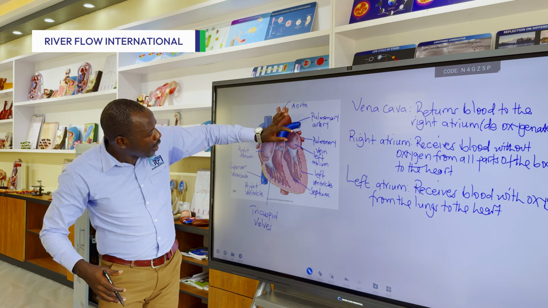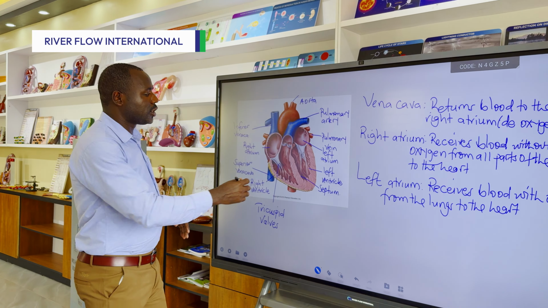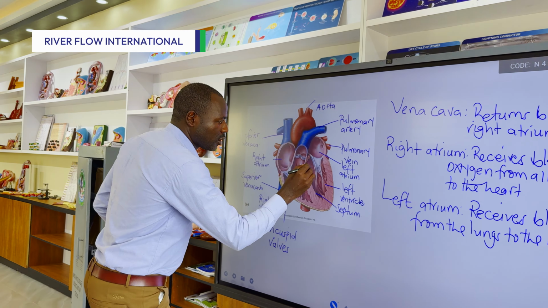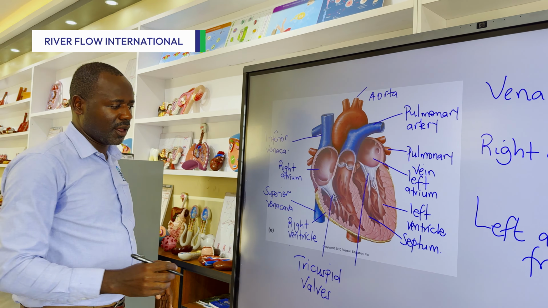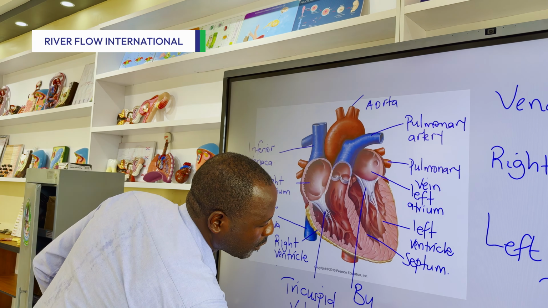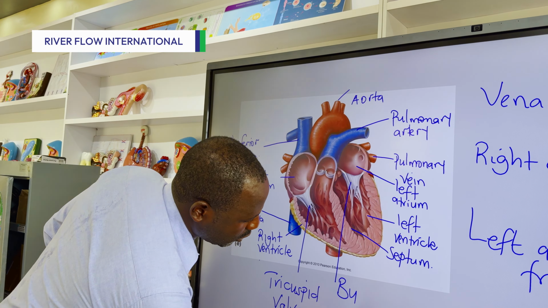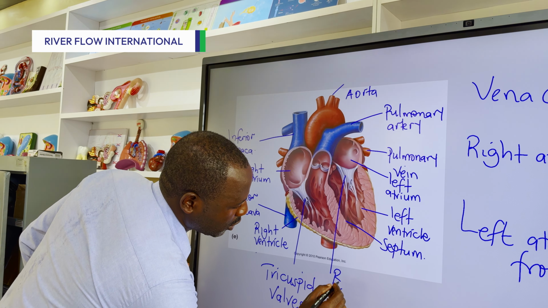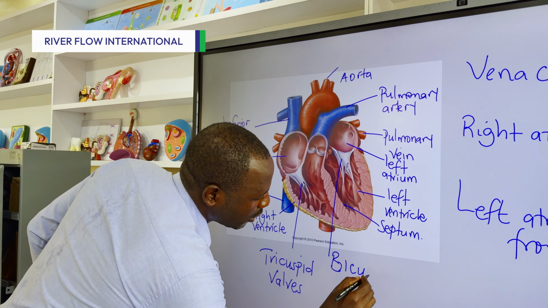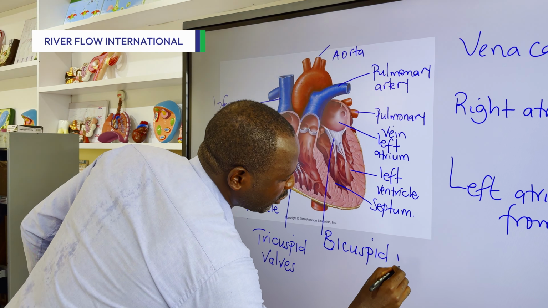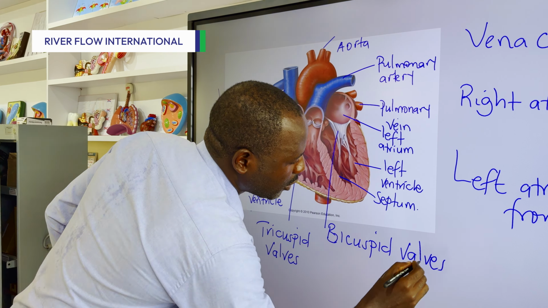Then when it reaches the left atrium, it is pumped via what we call bicuspid valves.